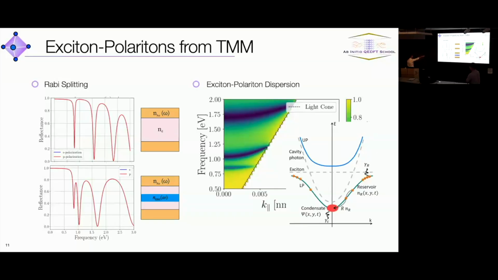Now the thing is that this dispersion looks like this in the numbers, and the photon dispersion looks like this. So in this range, this one is so flat that you can just say it's flat.